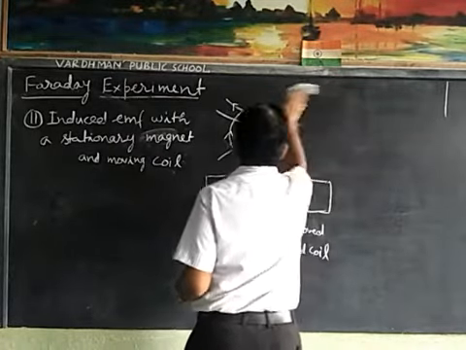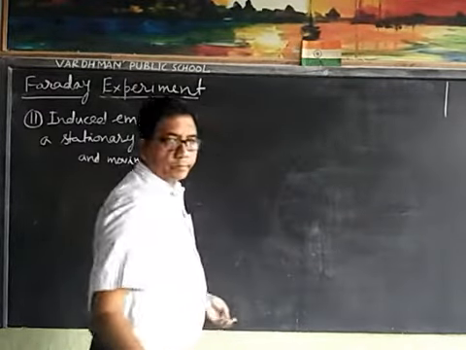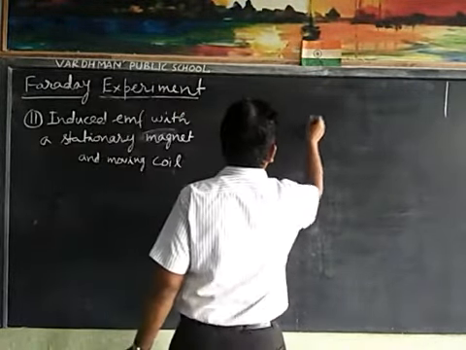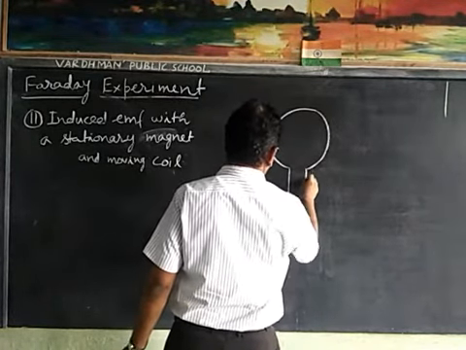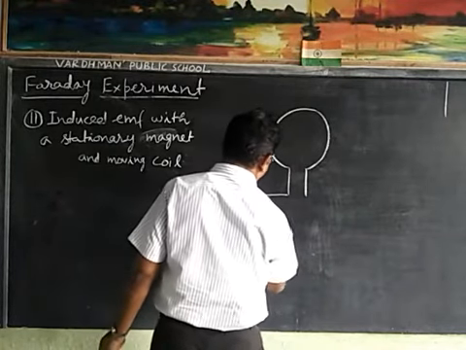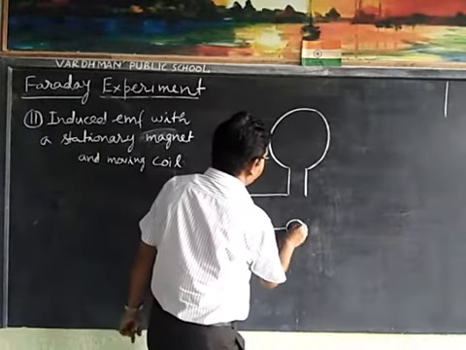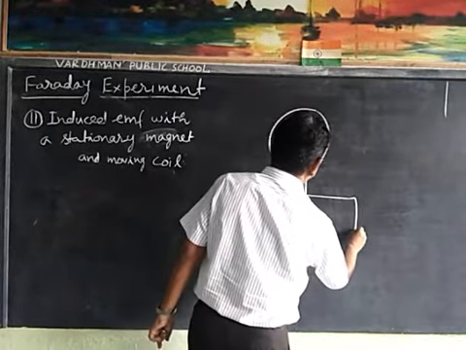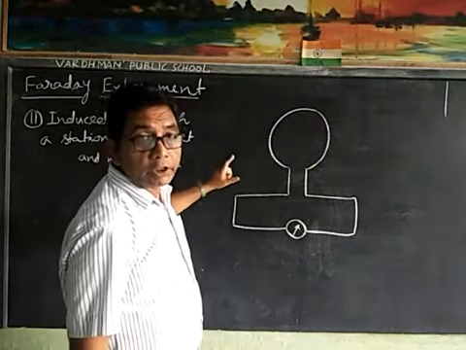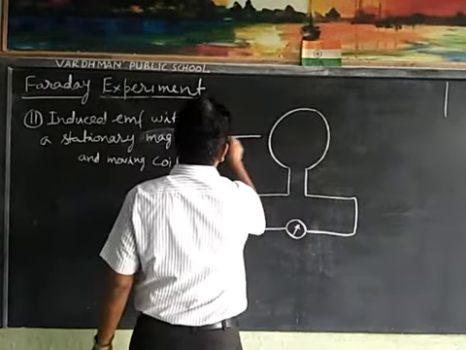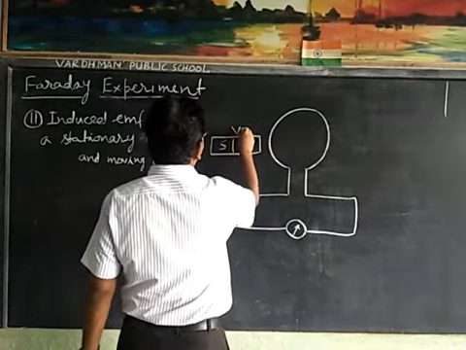For this, we will draw the diagram. This is the galvanometer. And the magnet is stationary, that is, north pole, south pole, and v is equal to 0.